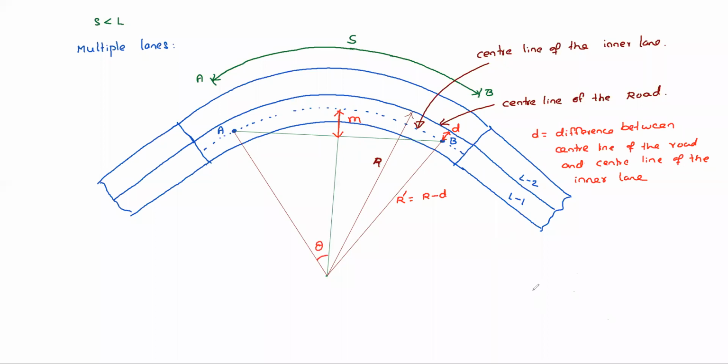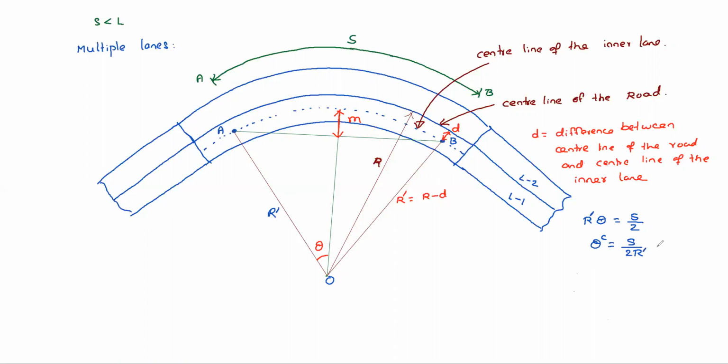So R into theta equal to how much? Is it S by 2R or R dash? I think it is R dash into theta equal to S by 2, because up to this, O to A, it is R dash only. So R dash into theta equal to S by 2, so theta equal to S by 2 R dash.